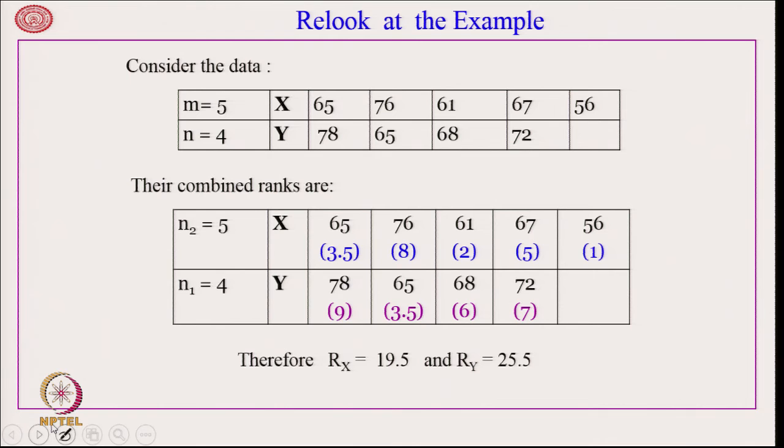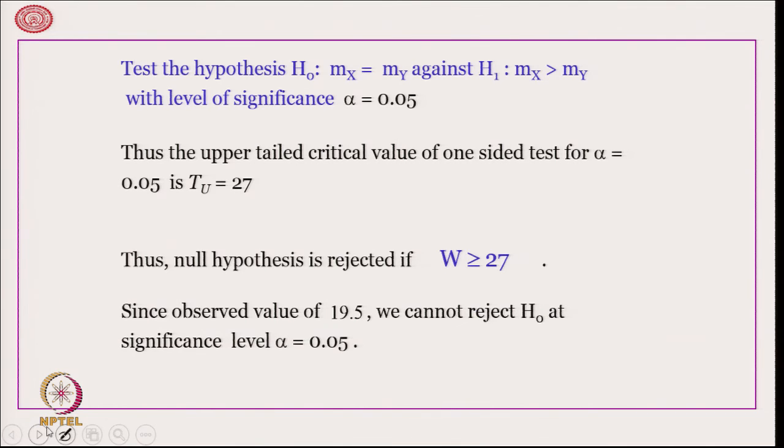We have already computed this and we have found that R x is equal to 19.5 and R y is equal to 25.5. So, at 5% level of significance, when the alternative is that the median of x is greater than median of y, then the critical value that we obtained from the table just now we have discussed is 27.